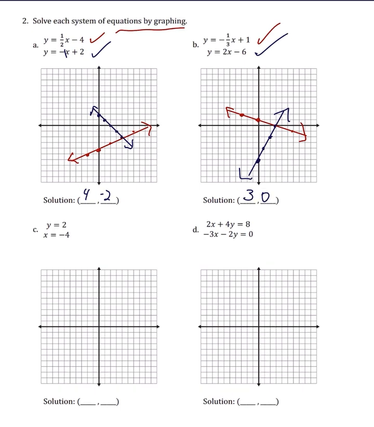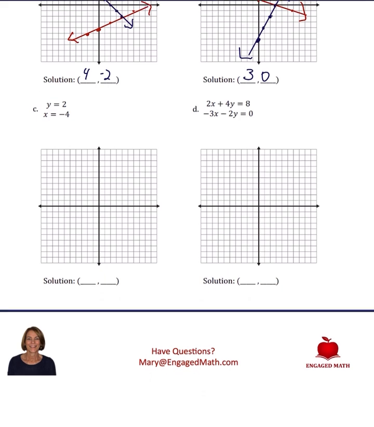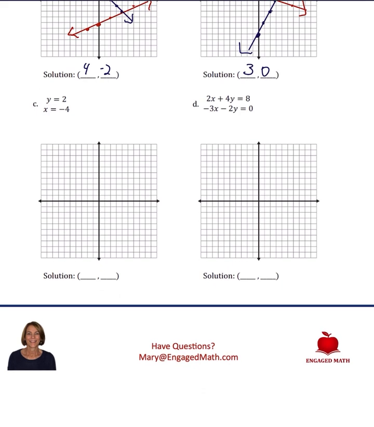Okay. I'm going to move up a little bit now, just so that you can see the other two really clearly. The great news is the next two lines are going to be super quick. Y equals 2, we know that y equals 2 means y is always the same. So we have a horizontal line at y equals 2. The line x equals -4 means that x is always equal to -4.